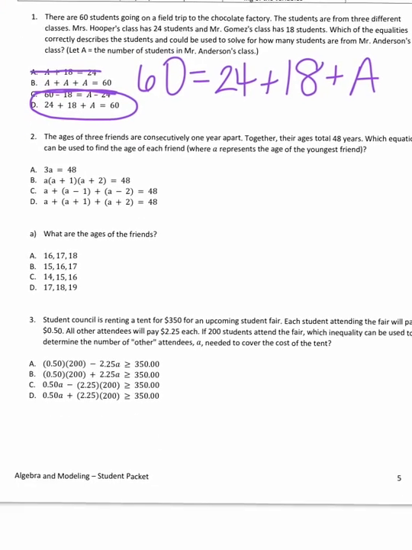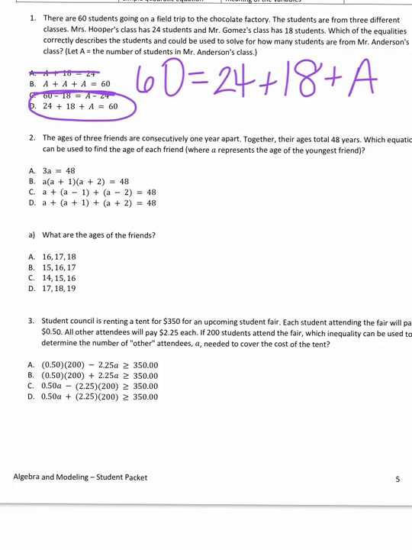Next one, the ages of 3 friends are consecutively 1 year apart. So that means if I go ahead and give friend A, then the next year would be A plus 1 because they're consecutively 1 year apart. That means the next one is going to be A plus 2.